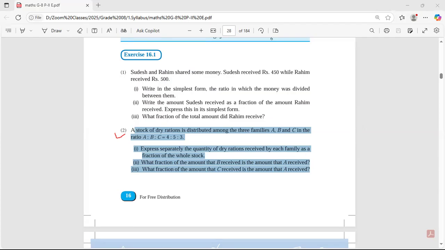Try to read and understand what it is asking. Right. I am going to stop sharing now.